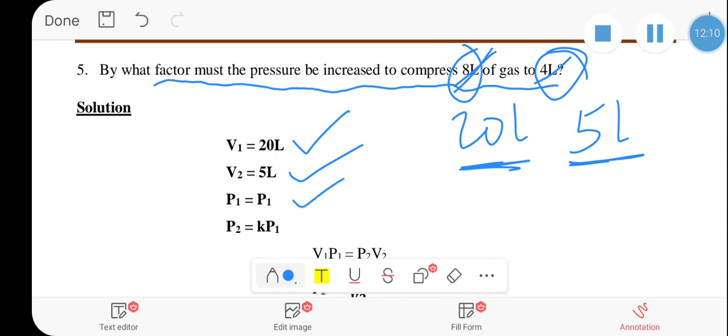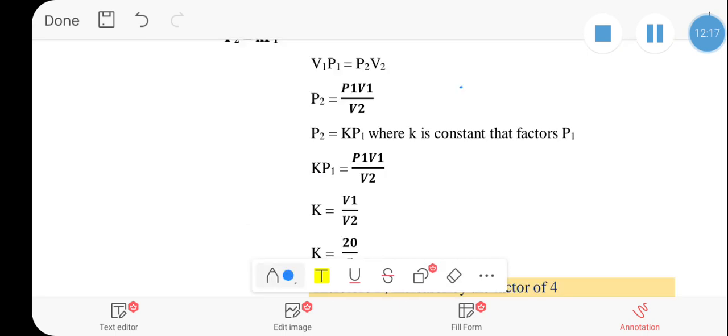p1 is p1, p2 is k times p1. As usual, by using Boyle's law, P1 V1 which is equal to P2 V2, solving for P2 which is equal to P1 times V1 divided by V2. Therefore, P2 which equal to K times P1, where K is constant, that factors P1.